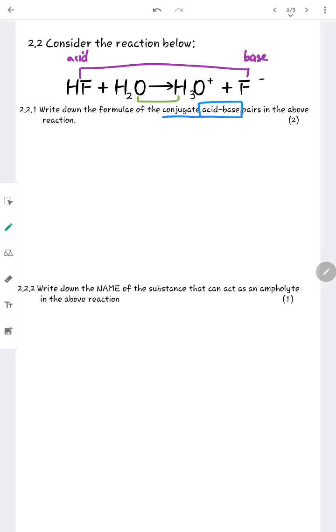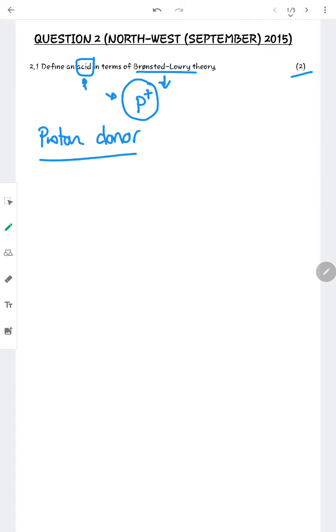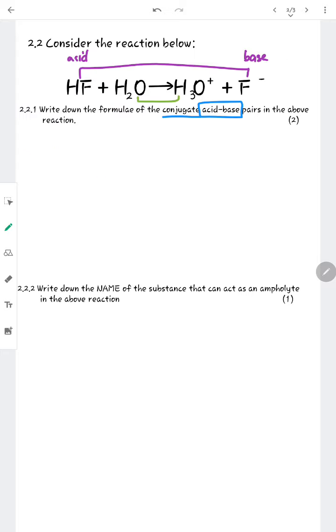Now again, from the previous question when they asked you to define what is a Bronsted-Lowry acid, what is a Bronsted-Lowry acid? A proton donor. That information is necessary for the next question. So the one who is a proton donor is the acid.